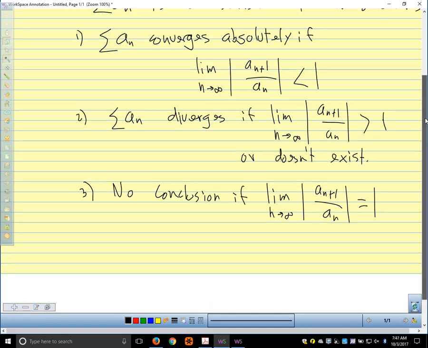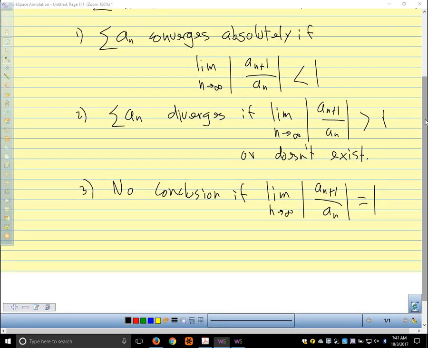And the reason that this works is because this condition basically bounds our series by a convergent geometric series. This ratio being less than 1 turns into a ratio of a geometric series that is convergent, that this series is going to be bound by.